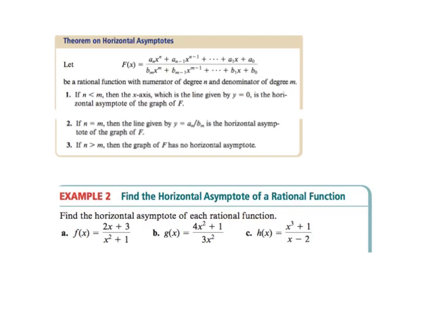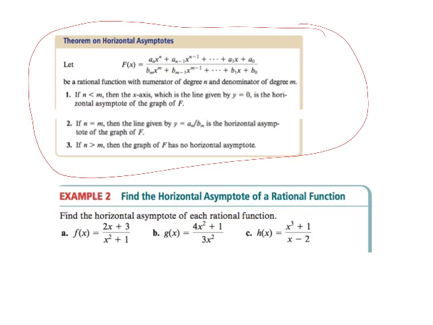Okay, there's not a lot of math, calculation math rather, that goes into finding a horizontal asymptote. What we use are these three little rules right here that I have grabbed out of your textbook. This looks kind of weird, but this is just a little rational expression, okay? What a sub n of x on top represents is the little polynomial on top, and then b sub m of x is the polynomial on the bottom.